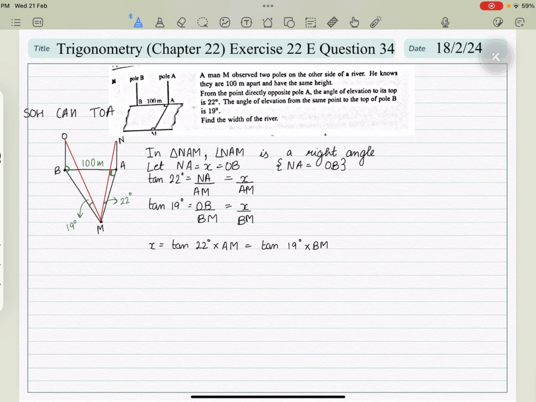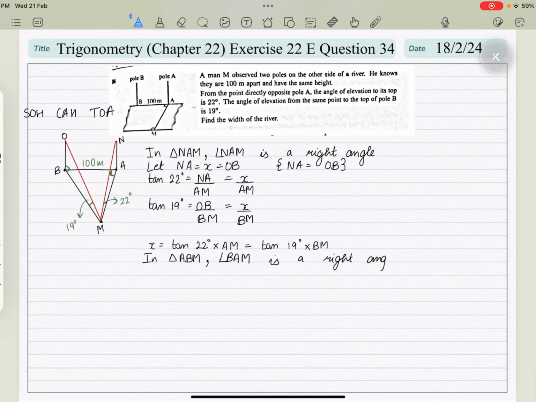Now we will use Pythagoras for triangle ABM. In triangle ABM, we know that angle BAM is a right angle.